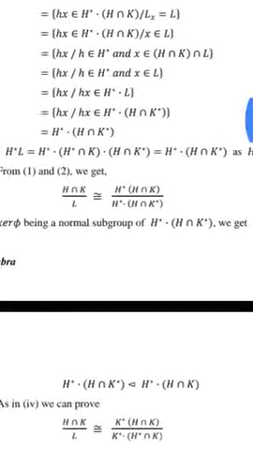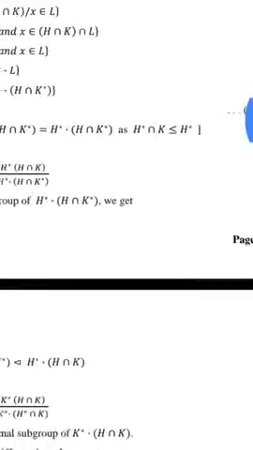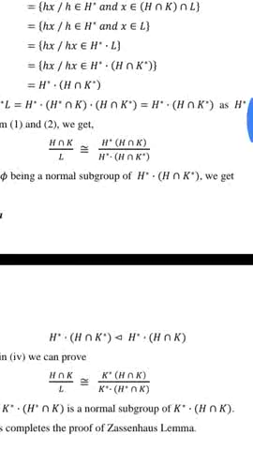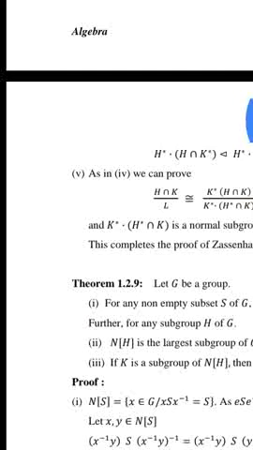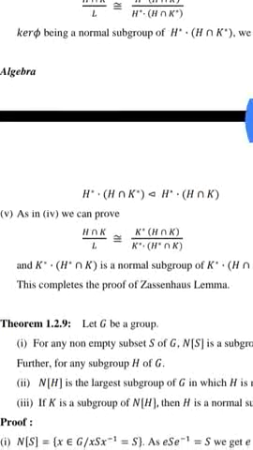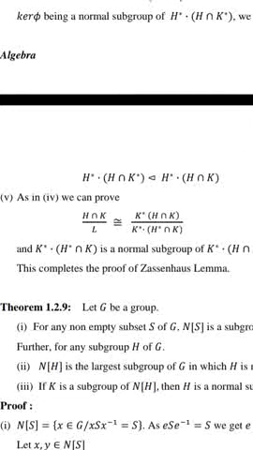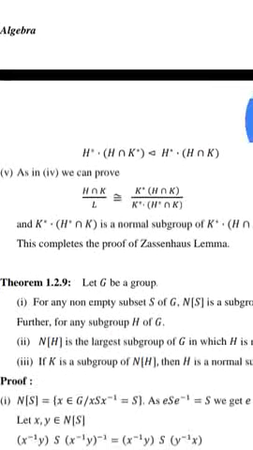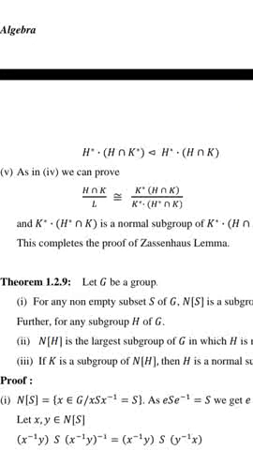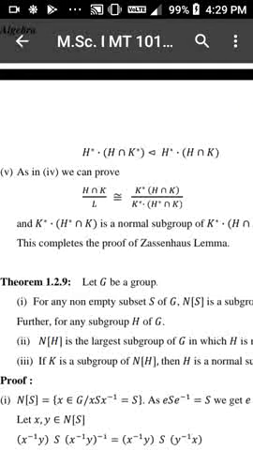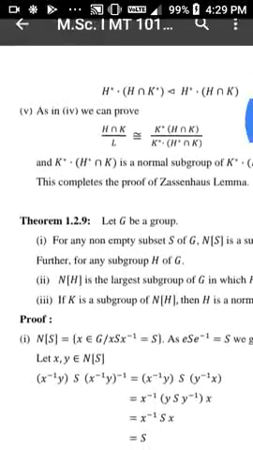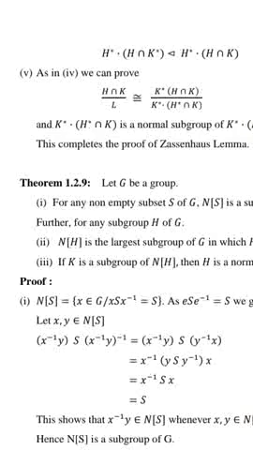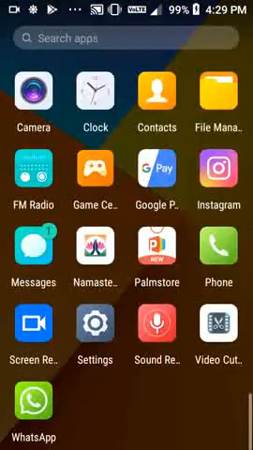Kernel phi being a normal subgroup of H star into H intersection K star, we get H star into H intersection K star is also a normal subgroup of H star into H intersection K, and therefore H intersection K divided by L is isomorphic to K star into H intersection K divided by K star into H star intersection K, and therefore K star into H star intersection K star is a normal subgroup of K star into H intersection K, and this is the proof of this lemma, and we complete our today's task.